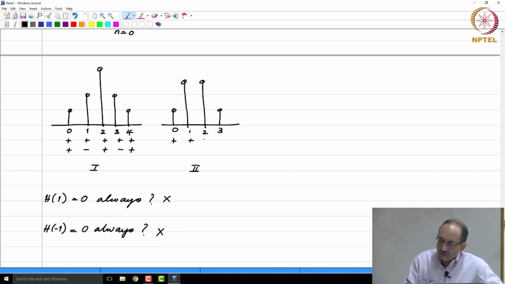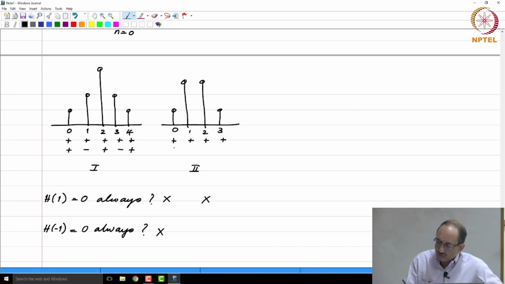And now, if you add up all these samples, it is not in general true that this will always be 0 independent of the values of h of n. Therefore, there is no constrained 0 at z equal to 1.